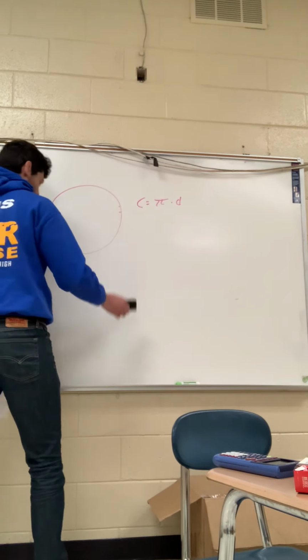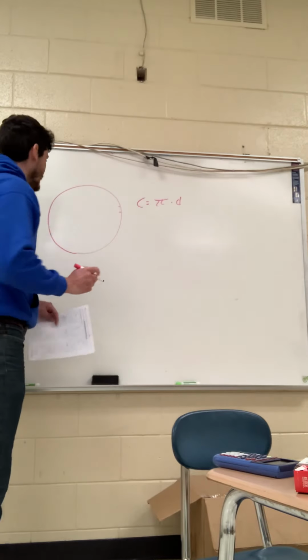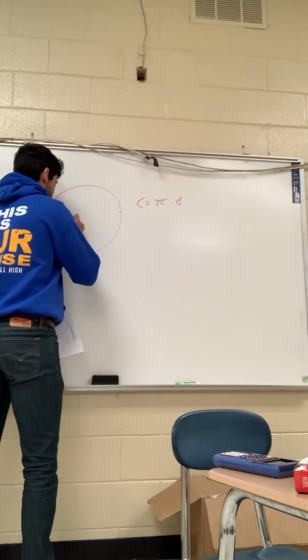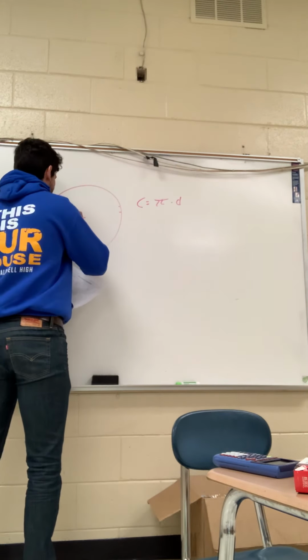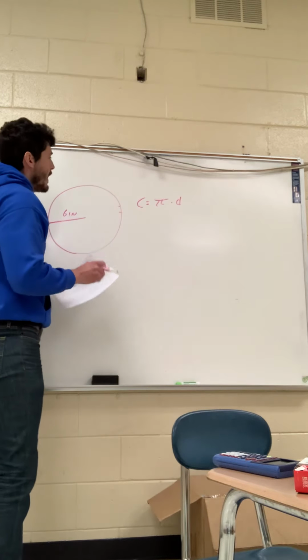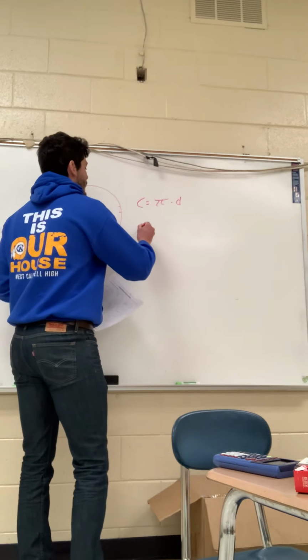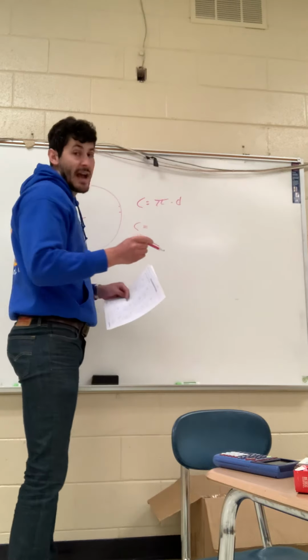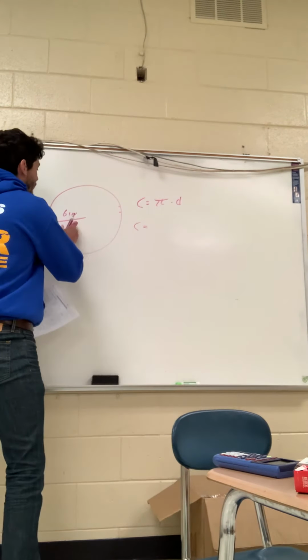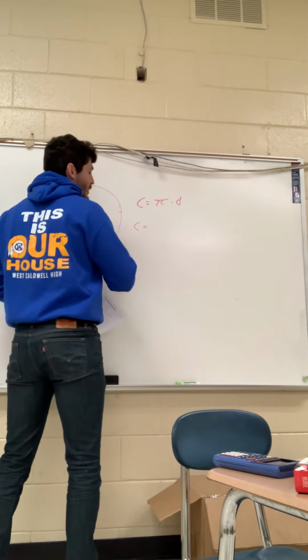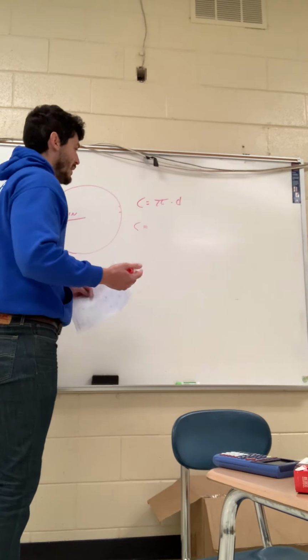Okay, next, in my second circle, I have a radius of 6 inches. So first thing I do, I find the diameter. If the radius is 6, the diameter will be 12, exactly twice as much as the radius.